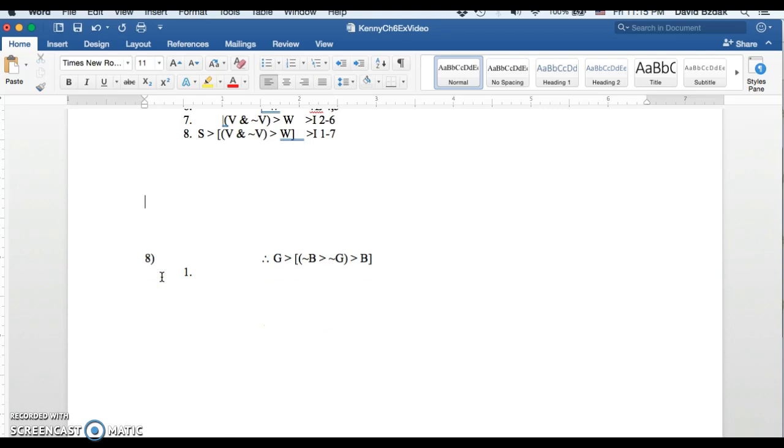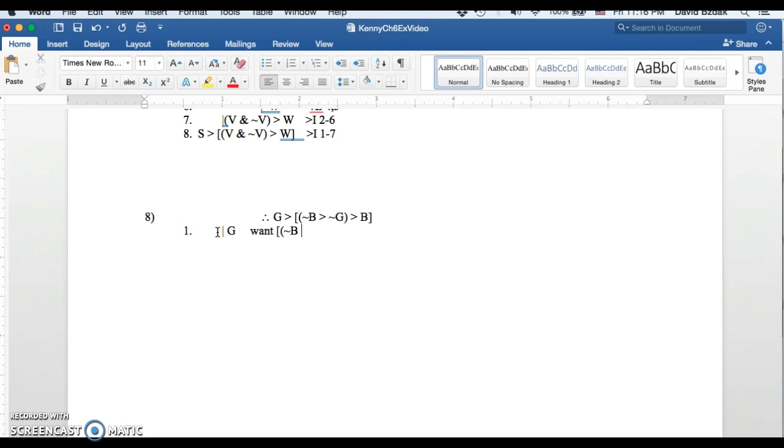Okay, last one is 8. I'll try to do this before my time runs out. It's a conditional, the conclusion. So again, tab to indent, assume the antecedent, and want the consequent.